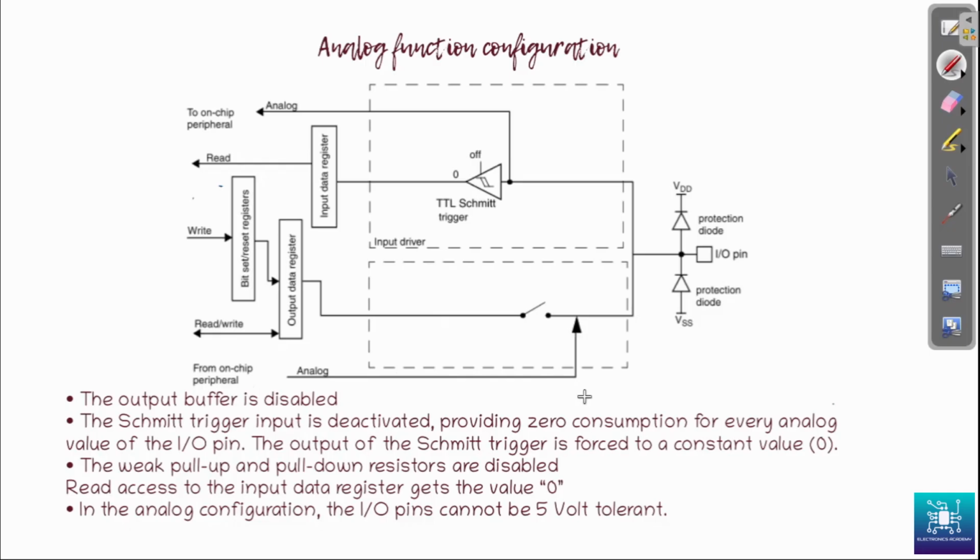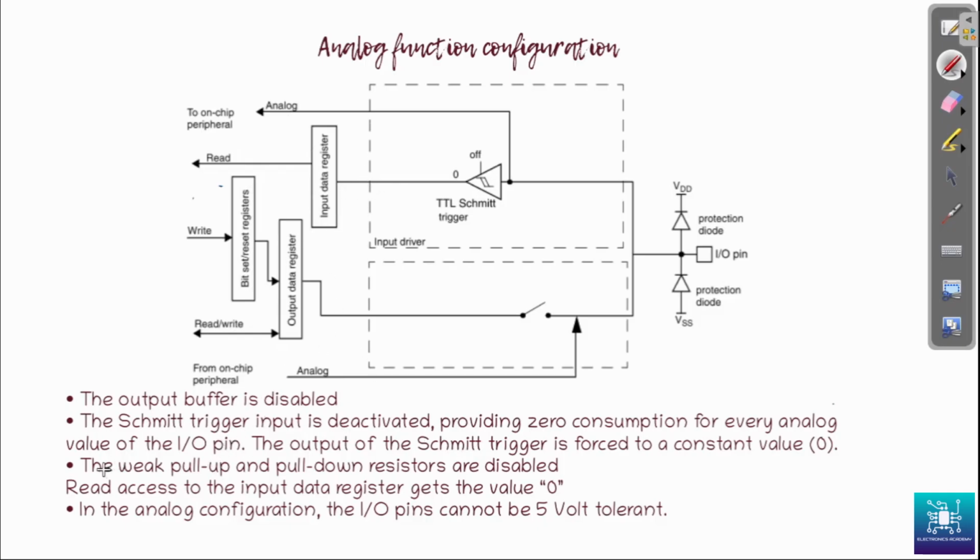So we have an analog input coming in through here, and this one goes into the circuit. So the output buffer is disabled. The Schmitt trigger input is deactivated, providing zero consumption for every analog value of the IO pin. Okay. So we cannot read anything from the analog IO pin. So that is completely disabled.